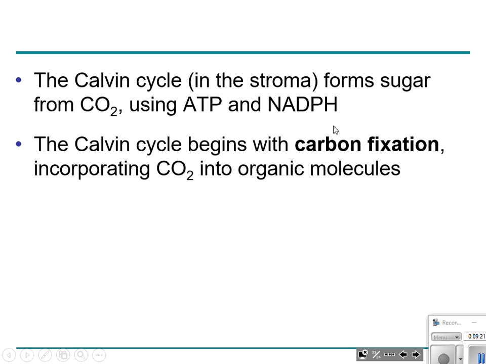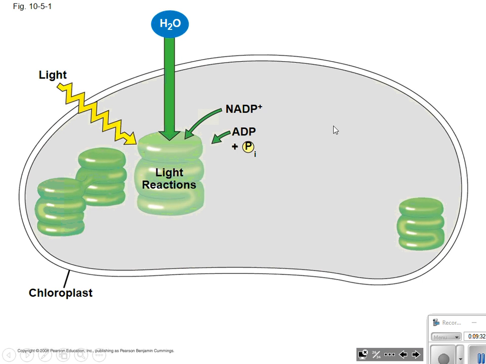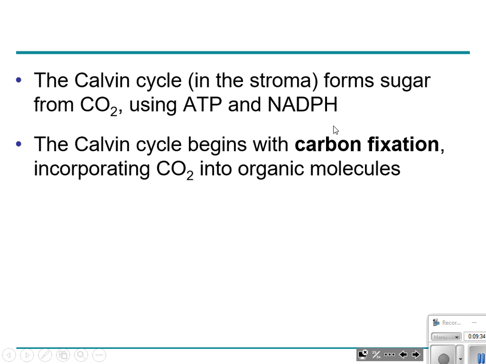Well, we split up water in the light reactions. Here is where the carbon dioxide comes into play, in the dark reactions, the Calvin cycle. Now, that is all of your notes, correct? You should have the notes filled out.